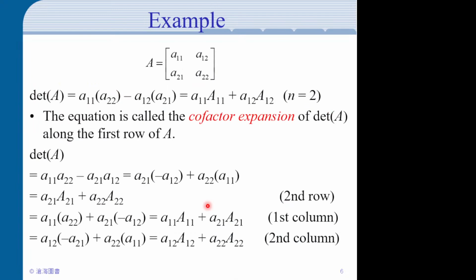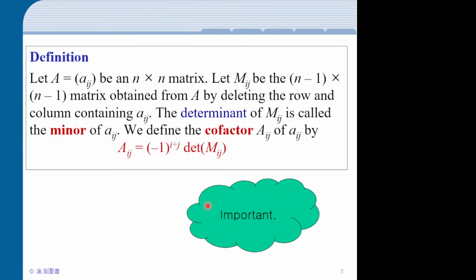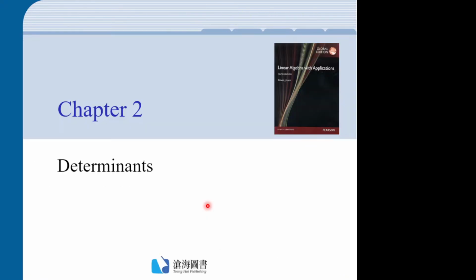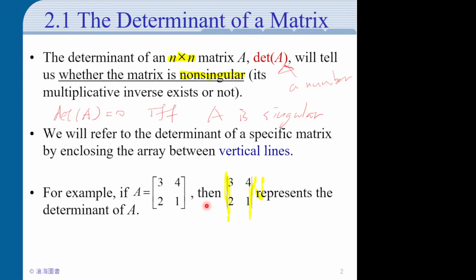Let's see an example here, a small review. The determinant of A for 2 by 2, if you remember. This 3, 4, 2, 1 is, you think about it, basically all the permutations of the elements.